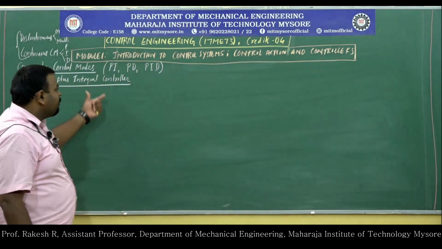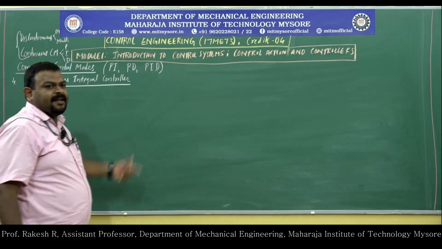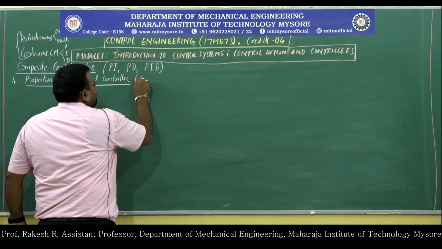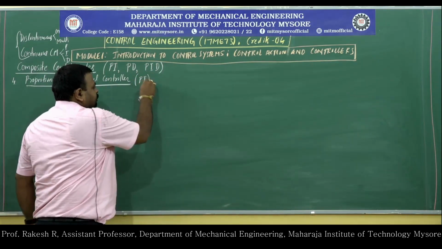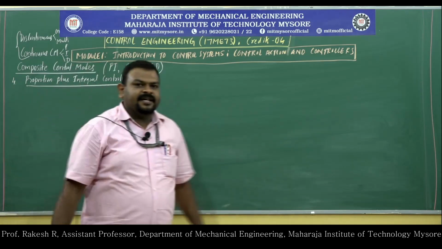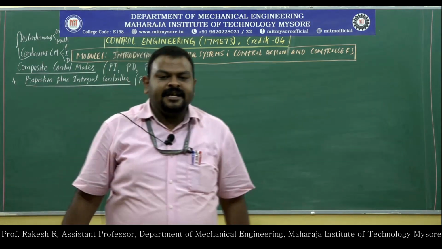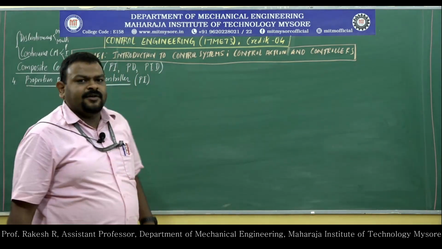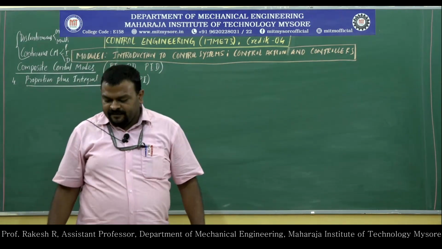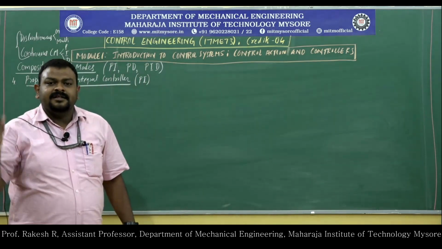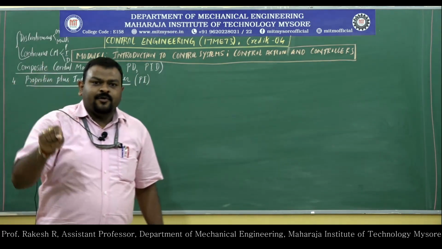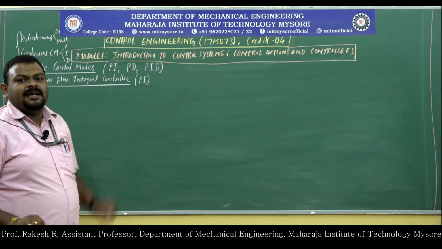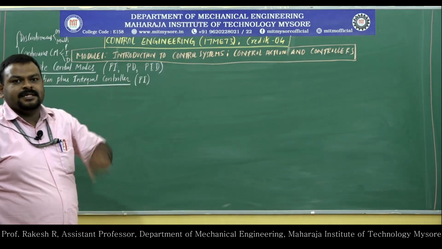This is also called the PI type controller, proportional plus integral type controller. The first thing is the definition. A proportional integral controller is a controller in the forward path which changes the controller signal proportional to, as well as the integral of, the error signal.